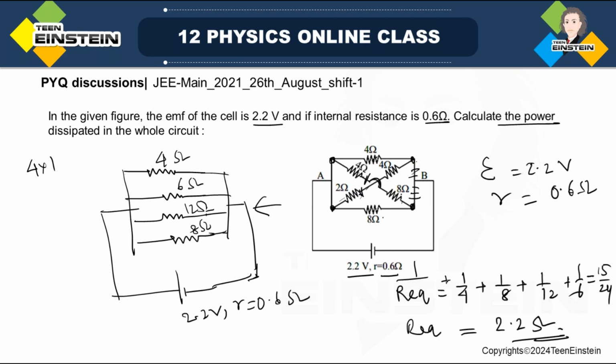So this equivalent resistance will be this one, and you have to add the small r. The total R of the circuit will actually be 2.2 ohm.